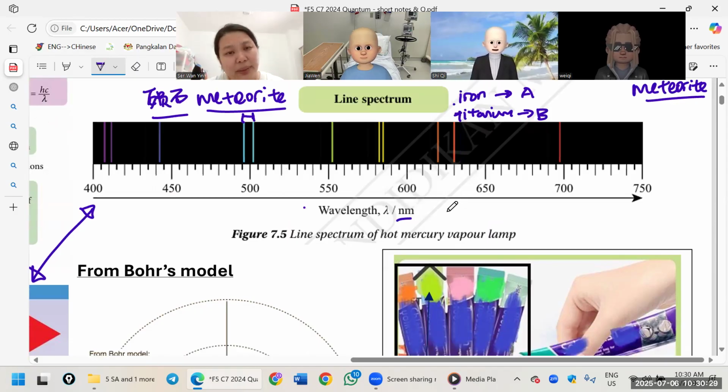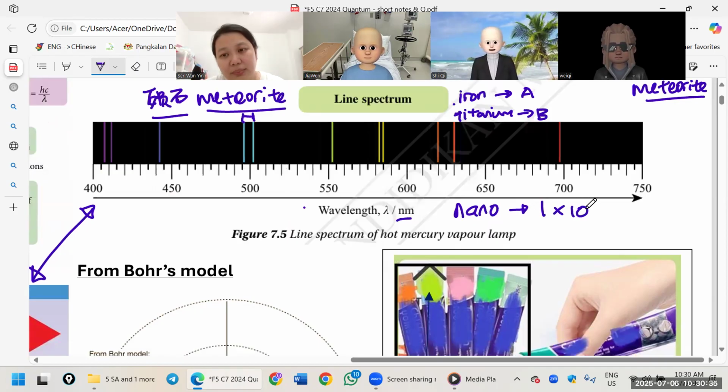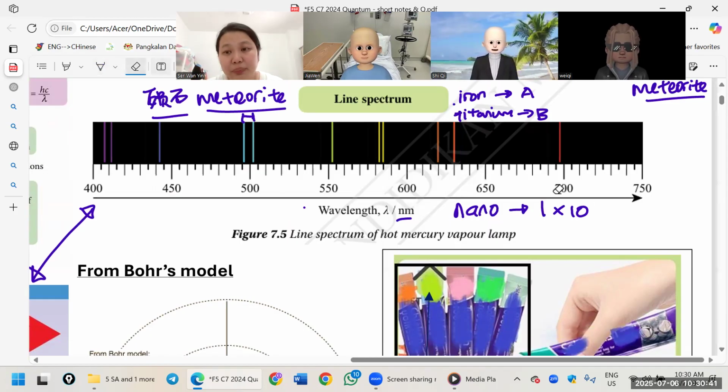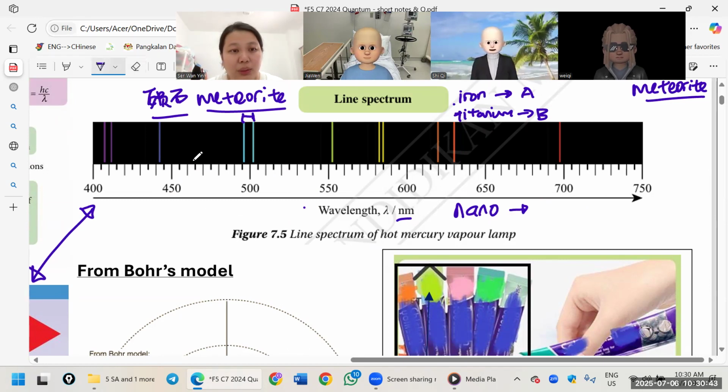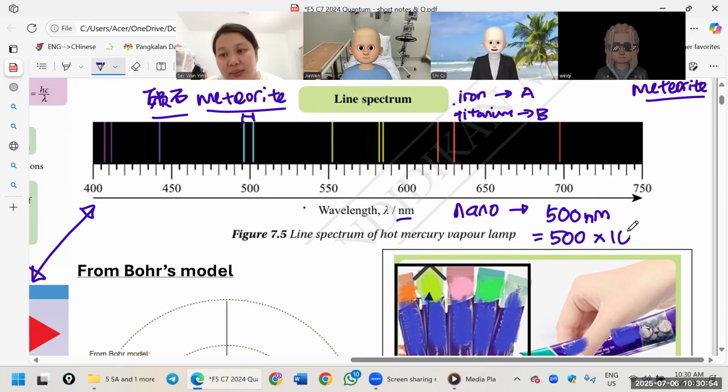And what is nano? This prefix nano means 1 times 10 to the power of something. For example, this one is around 500. So 500 nanometers means 500 times 10 to the power of what meter? Must change.